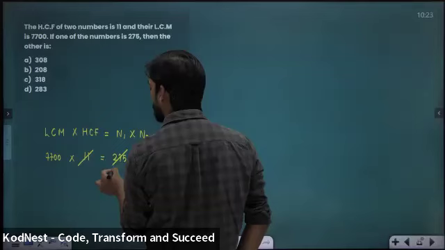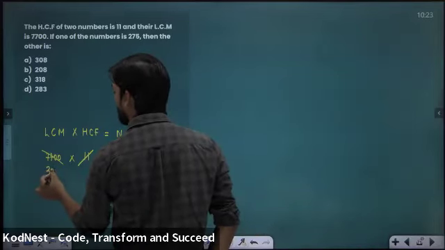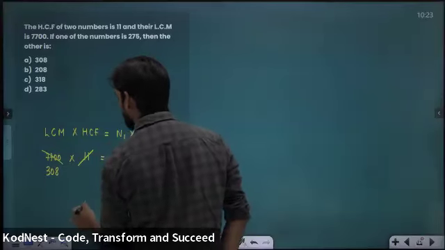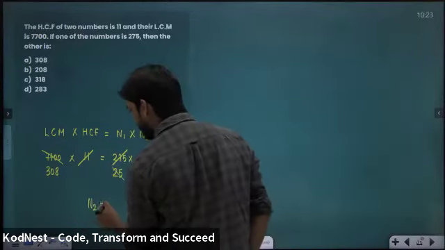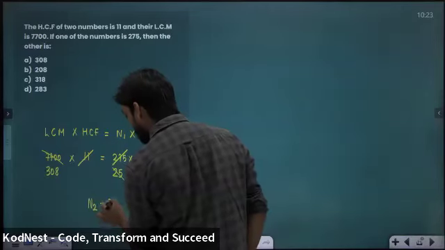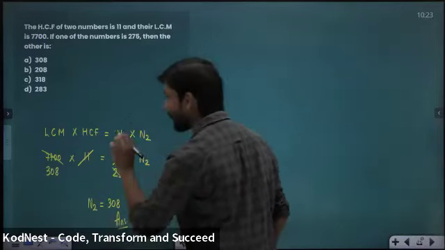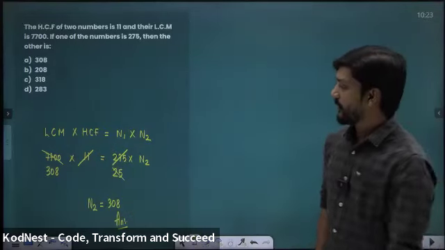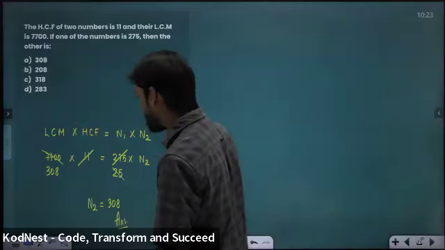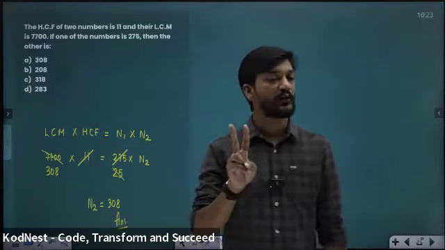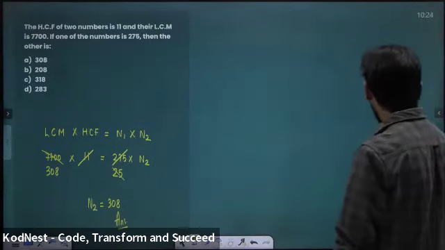Now 11 into 7700 divided by 275, which gives 308. A very simple question, just formula based. If three values are given, apply this. If only two values are given, don't do this. What we have to do in that case, let's see.